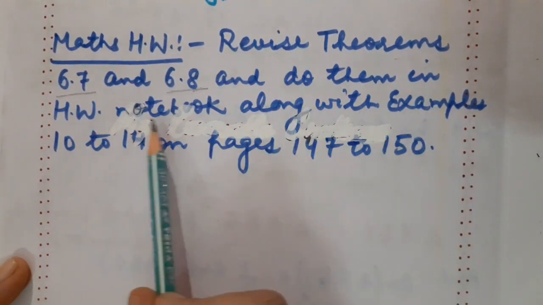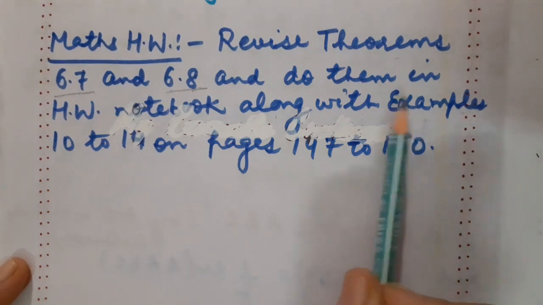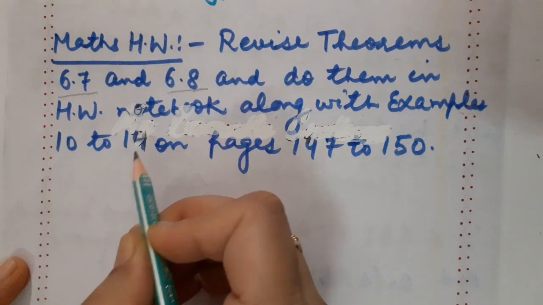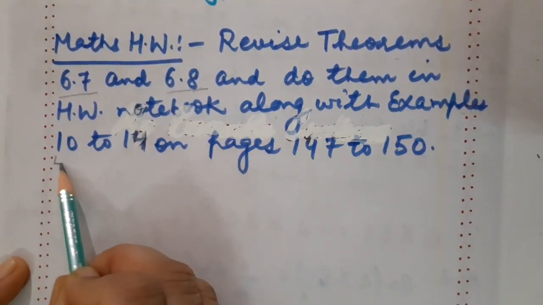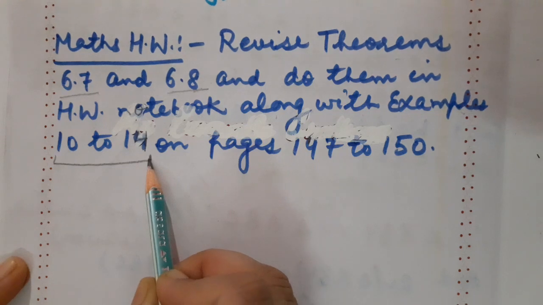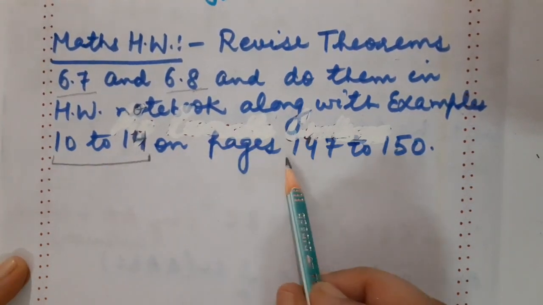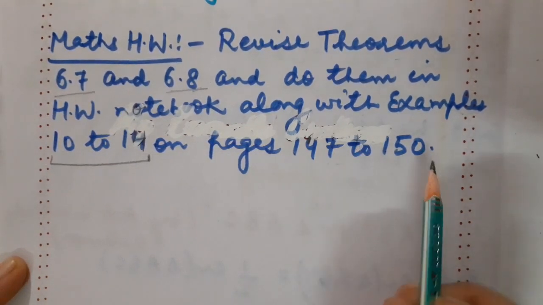Do them in your mathematics homework notebook along with examples. I am going to give you a few examples also. You have to just try these examples, that is example number 10 to 14. They all are based on Pythagoras theorem, on pages 147 to 150. Clear children?